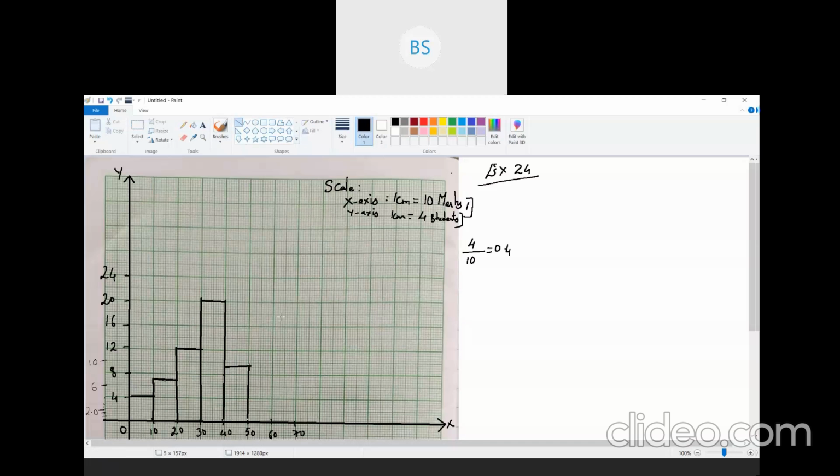Then we have 50 to 60, that is 2. So this is the required histogram. Any doubts in this?